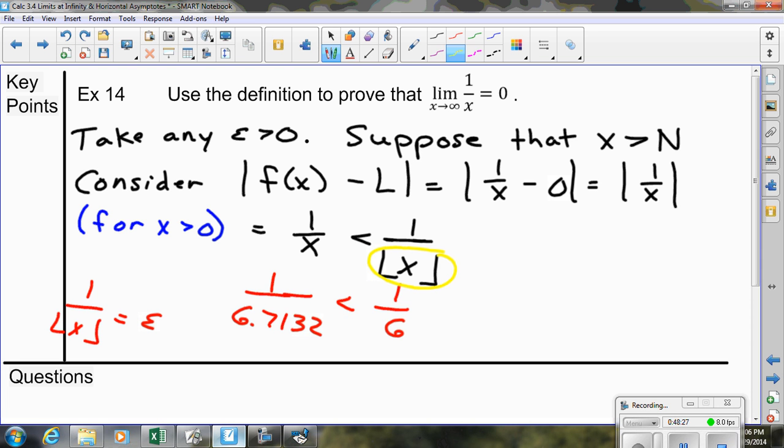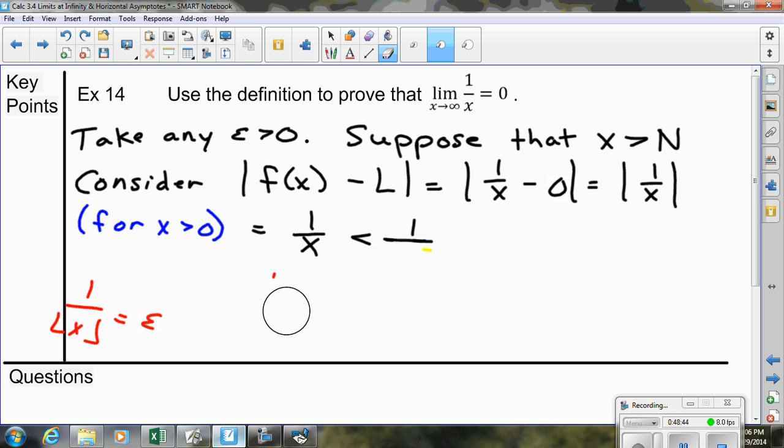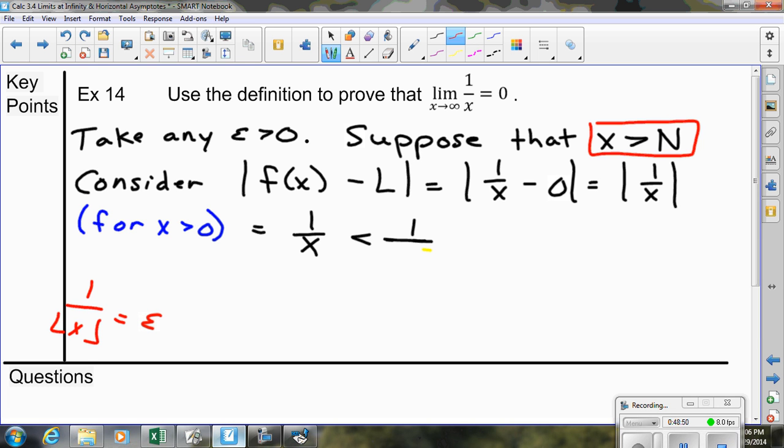Similar to the way that 6.7 and 6 have that relationship. 6 is smaller than 6.7. We don't have to use the floor function because we already have the fact right up with our initial assumption. X is greater than n, which is saying n is less than x. We already have some number that is smaller than it.